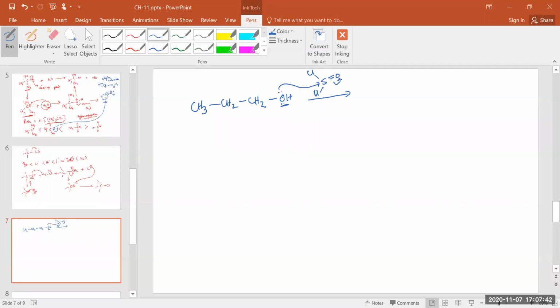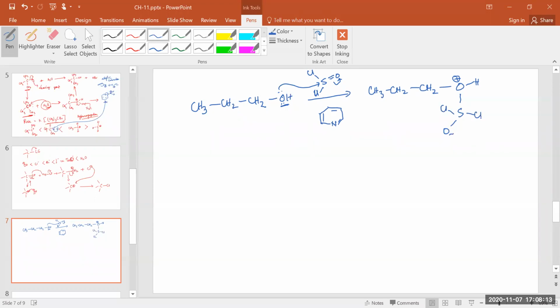We also need a base for this reaction, and pyridine is a base. So CH3CH2CH2OH reacts with the sulfur, O minus, Cl and Cl.